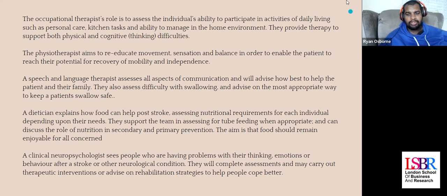And then they will discuss the role of food in nutrition in secondary and primary prevention itself. And so the aim is that the food that this person eats should remain enjoyable for everybody that is concerned. It should remain enjoyable for the individual who is eating the food.